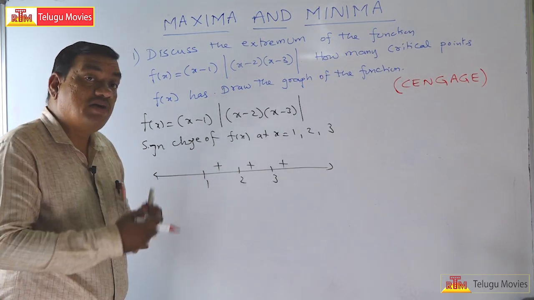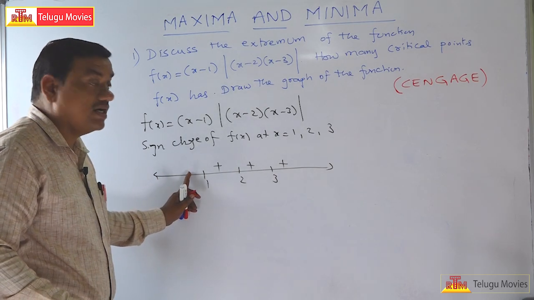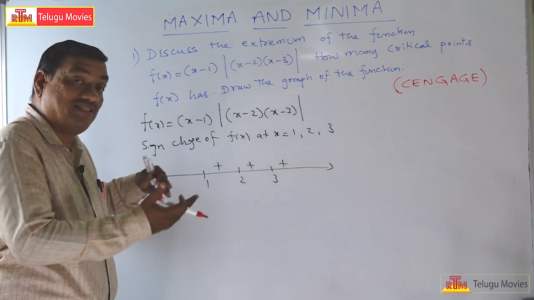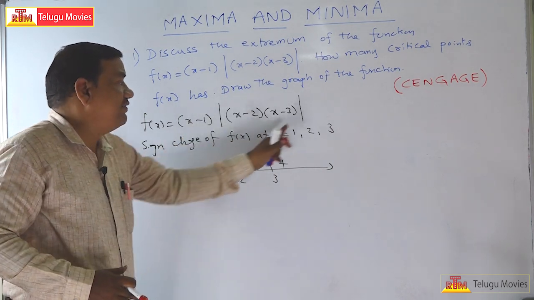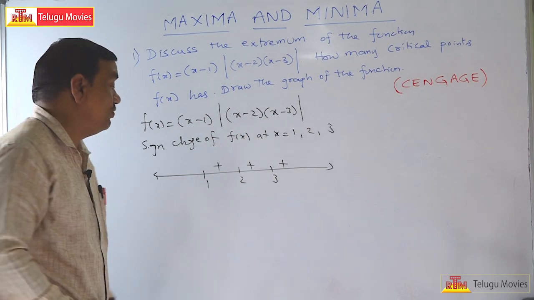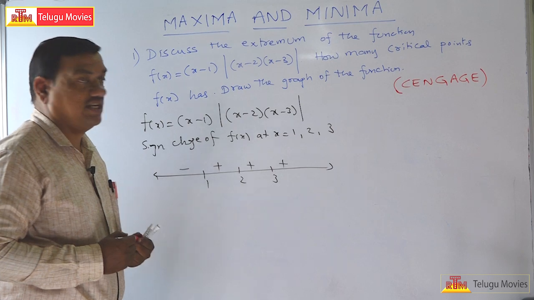If you take any number less than 1, then x minus 1 is less than 0, so it is negative, while the modulus part is positive. So negative into positive gives negative. This is the sign scheme.